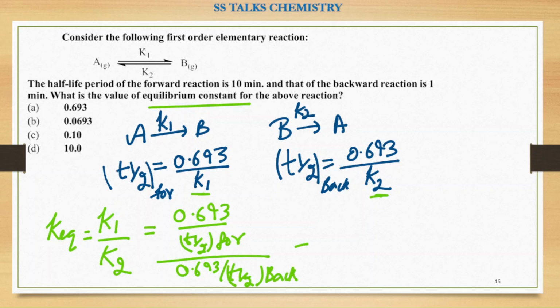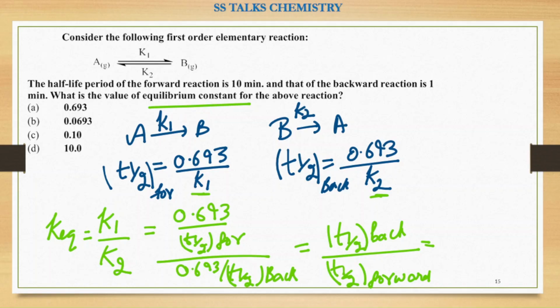So this we can write as t half of the backward direction upon t half of the forward reaction. For the backward reaction the t half value is 1 minute and for the forward one it is 10 minutes. So K equilibrium is going to be 0.1. So the correct answer will be option C in this case.